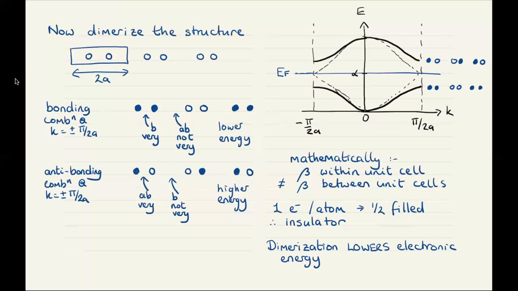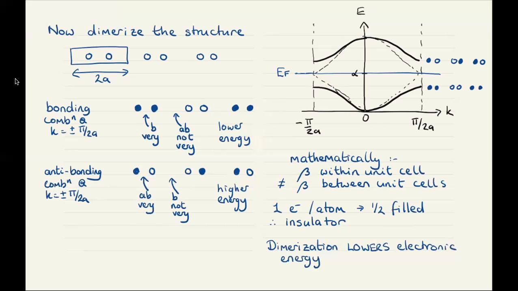So we would predict, based on these arguments, that a one-dimensional chain of s orbitals with one electron per atom would spontaneously dimerize to give a lower energy system, and it would be insulating when it did that.